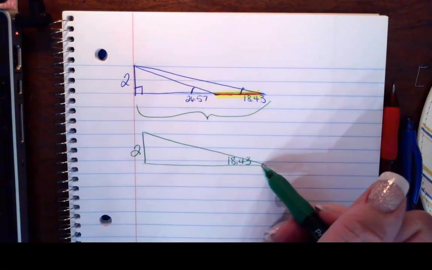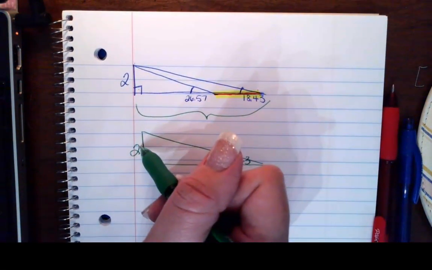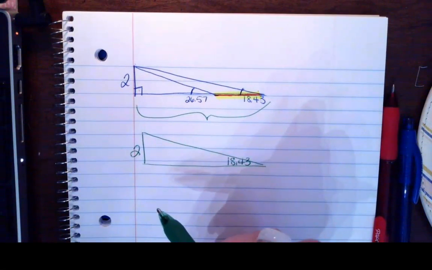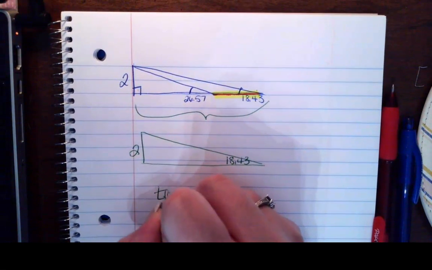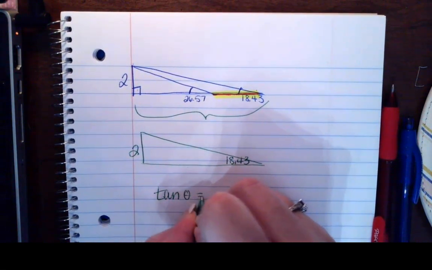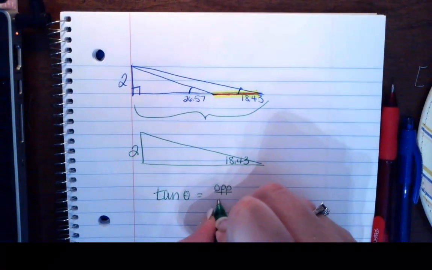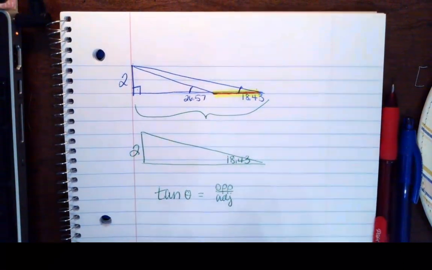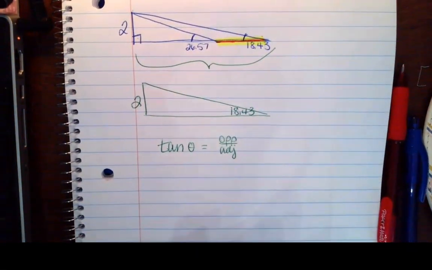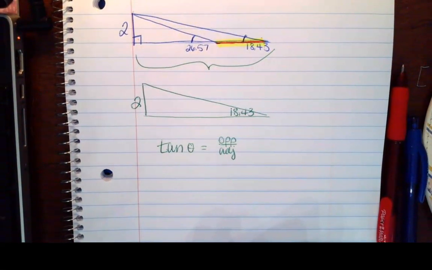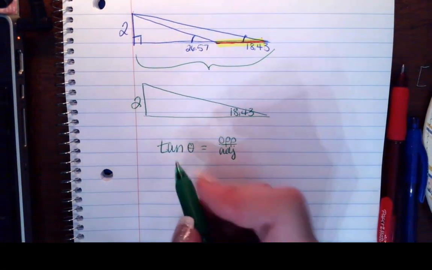So I'm going to find the big side first. So what do we know? We know opposite, and we're trying to find adjacent. So what do we know about opposite and adjacent? That's going to be helpful with tangent. So we have opposite over adjacent. Okay, so what do we know?